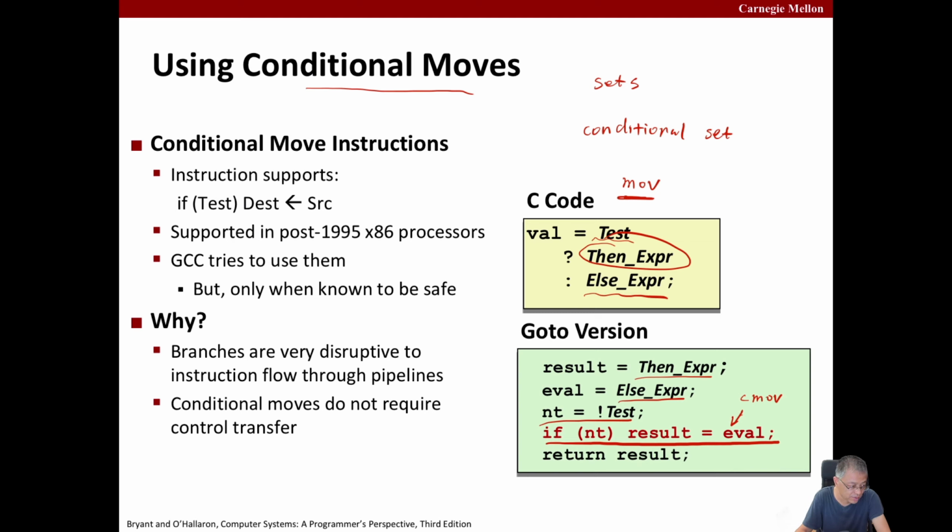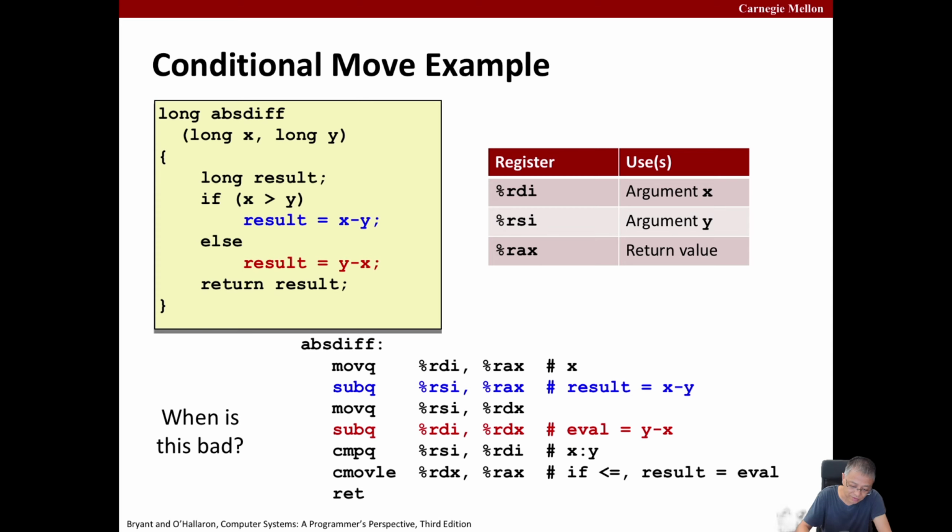So here is an example. If x is larger than y, the result equals x minus y. Otherwise, the result equals y minus x. Here we can take a look at how to encode this into a conditional move.